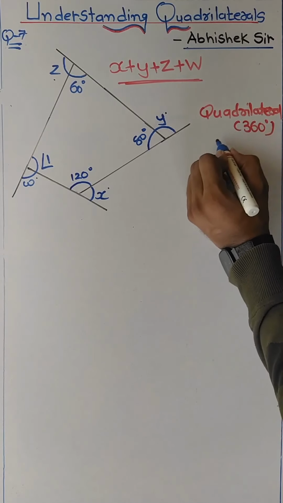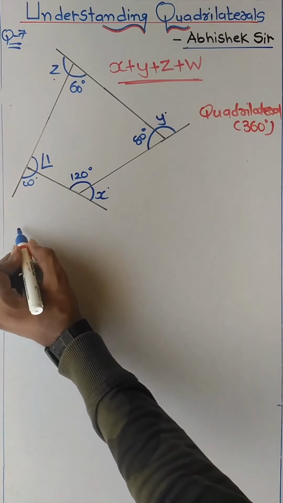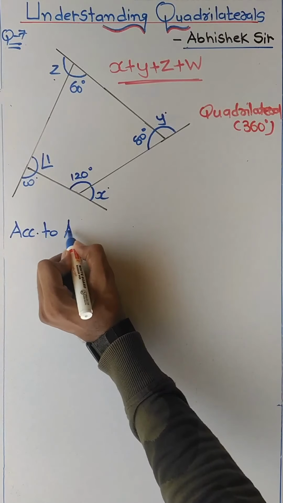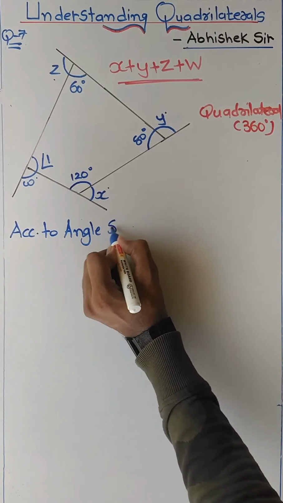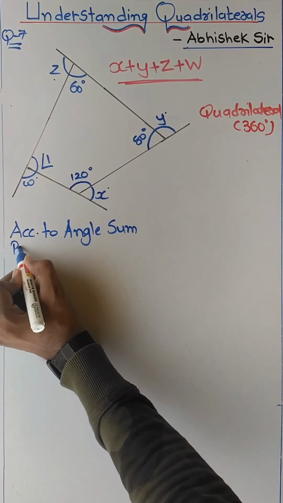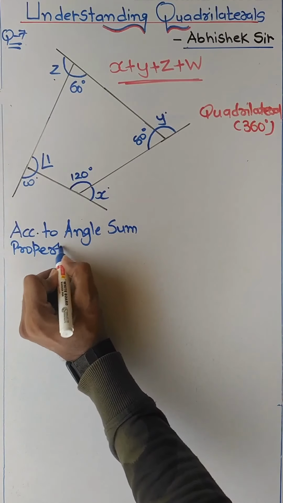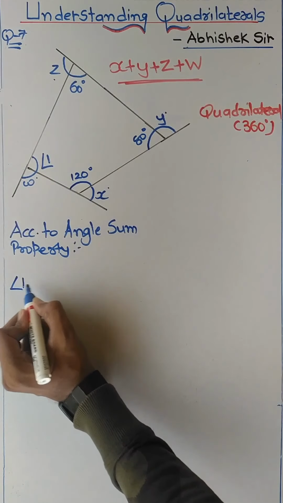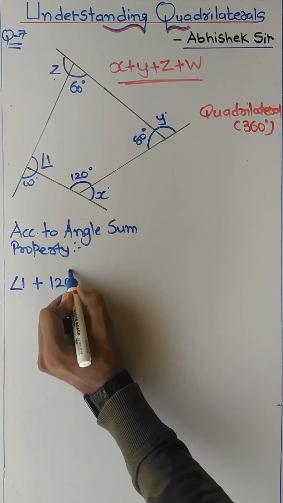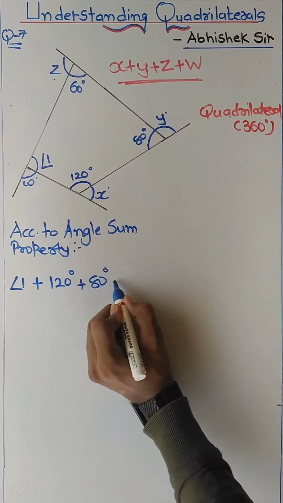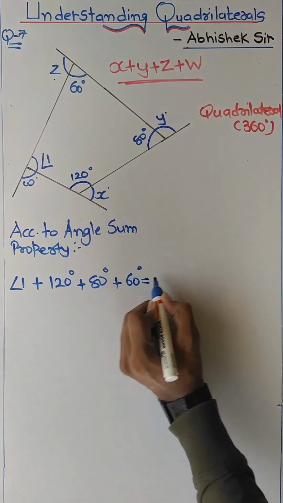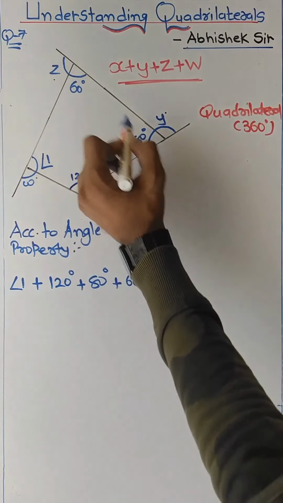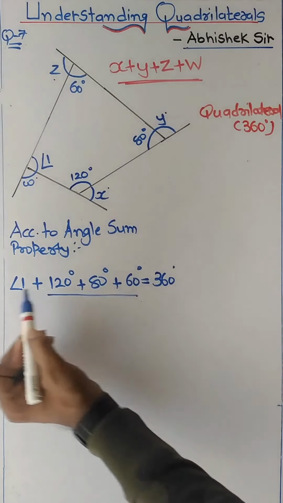So apply angle sum property. According to angle sum property, let us start with angle 1 only. Angle 1 plus 120 plus 80 plus 60 is equal to 360, right? 3 are given and 1 is unknown.